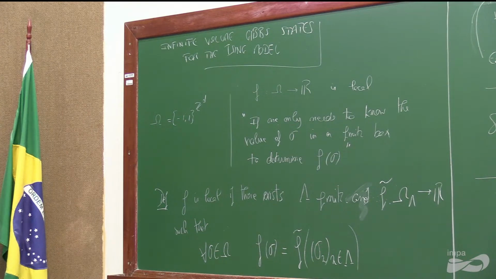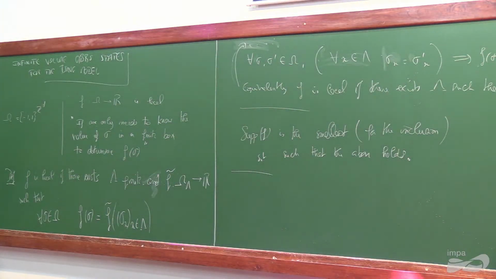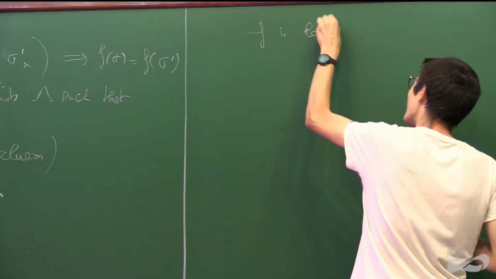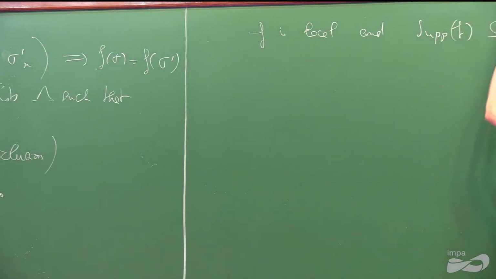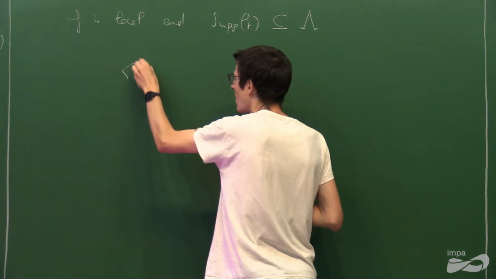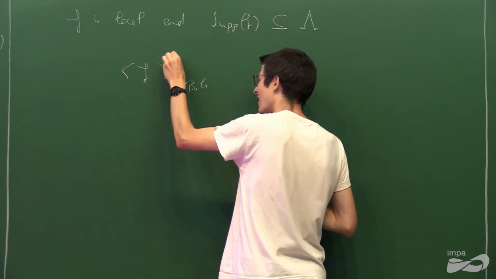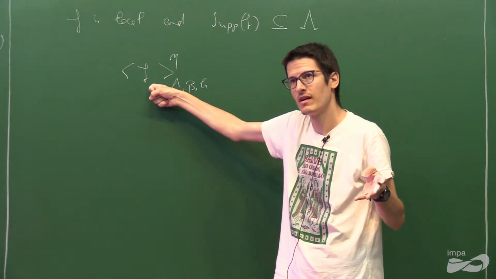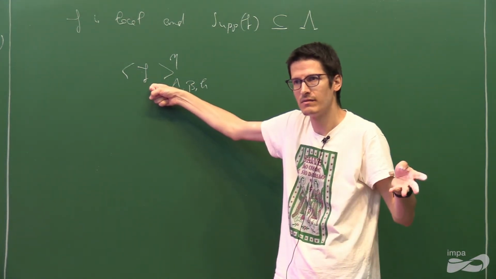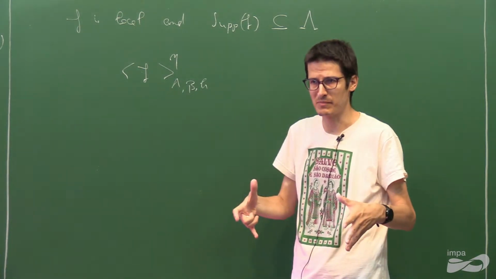For instance, if f is local and the support of f is included in some box lambda, when I write this, for this to make sense, I would have to consider an element of omega lambda, because this is a measure defined on spin configurations on the finite set lambda.